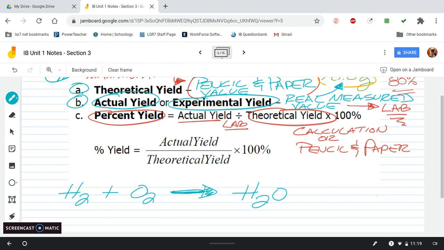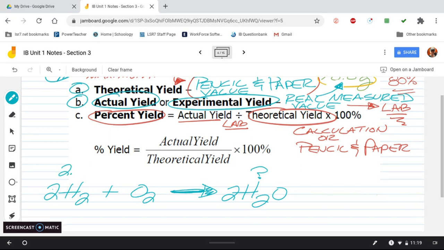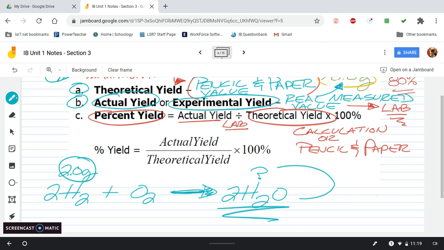If we're doing that and then we go ahead and balance it, well, we can do math and we can figure out how much water you would get. Like, let's say you had 2 grams of hydrogen. Well, we can figure out how much water you're supposed to make just by doing the stoichiometry. All right. So once we do that, that becomes the theoretical value, right? So we're going to do the math and we're going to get the theoretical value.